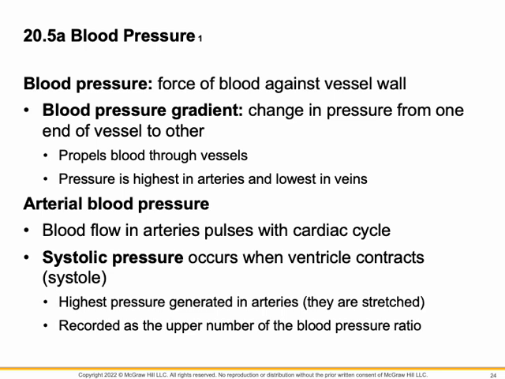So we're going to pick up here and talk about blood pressure, and in particular arterial blood pressure, and then in our next part we'll look at venous blood pressure, right? Blood pressure is simple, and you all know about it, at least in some sense.